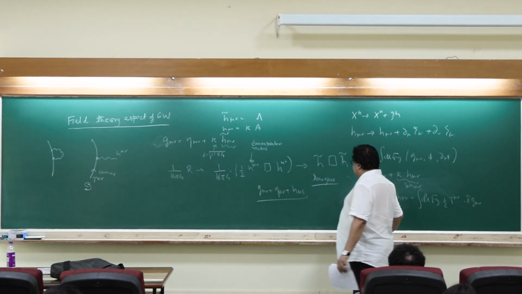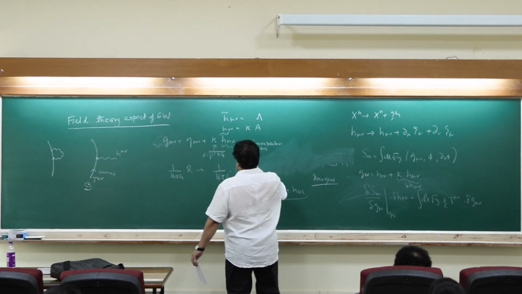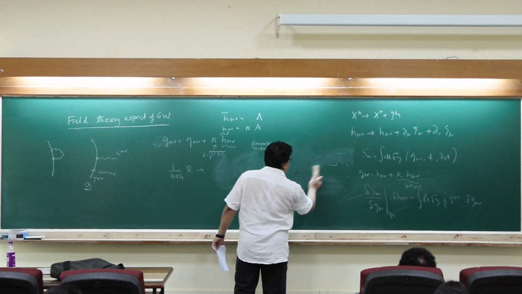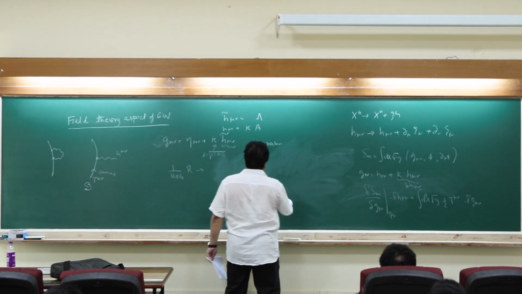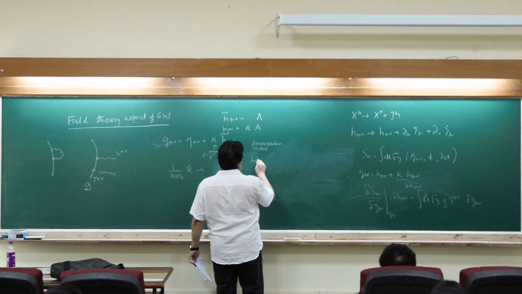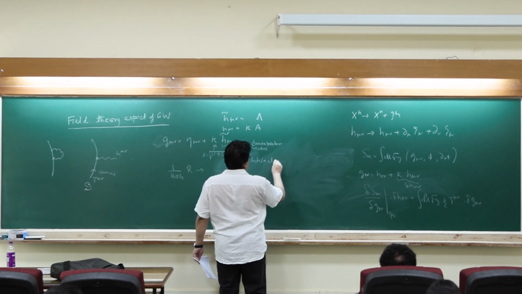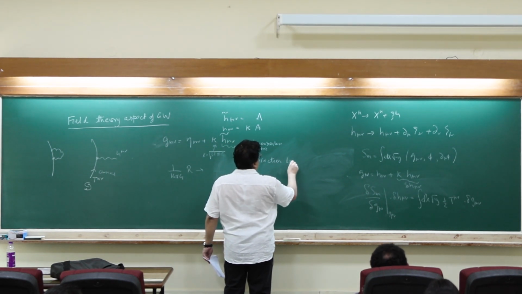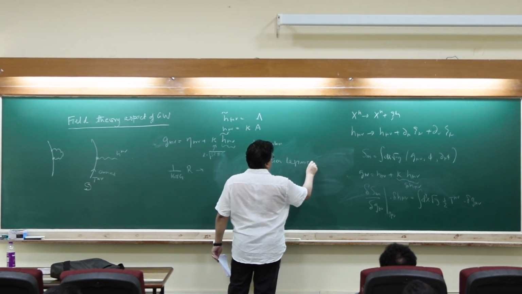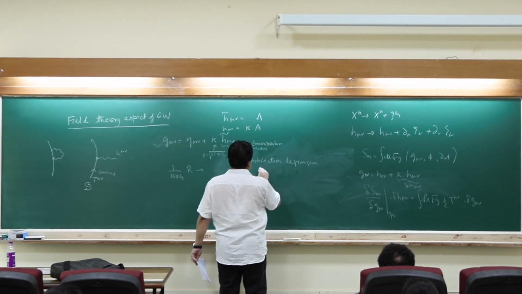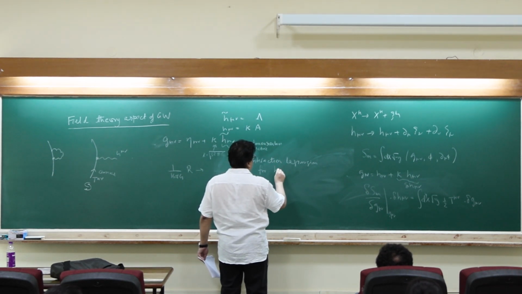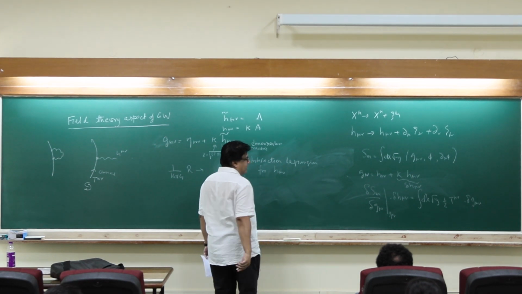So you will get a Lagrangian from this. So the interaction Lagrangian for h mu nu, you can read off from there.